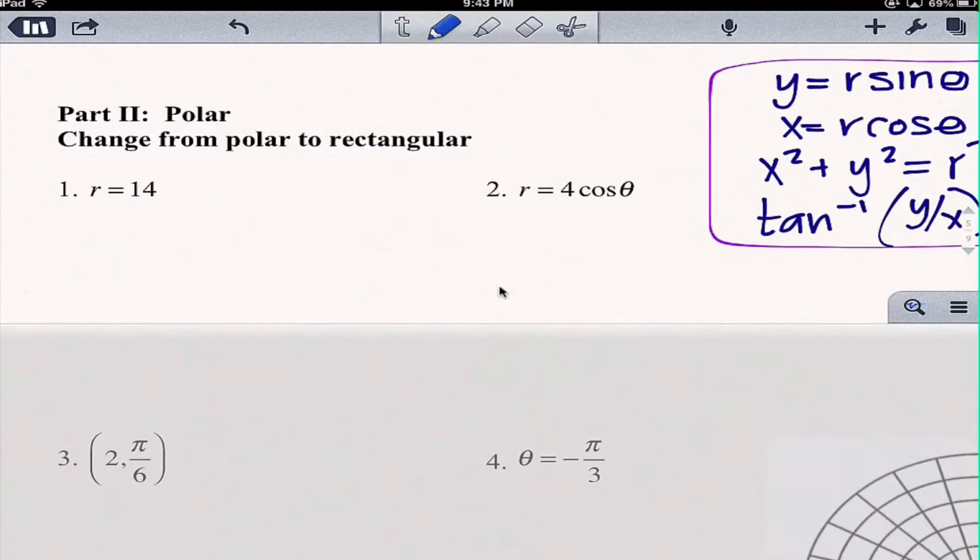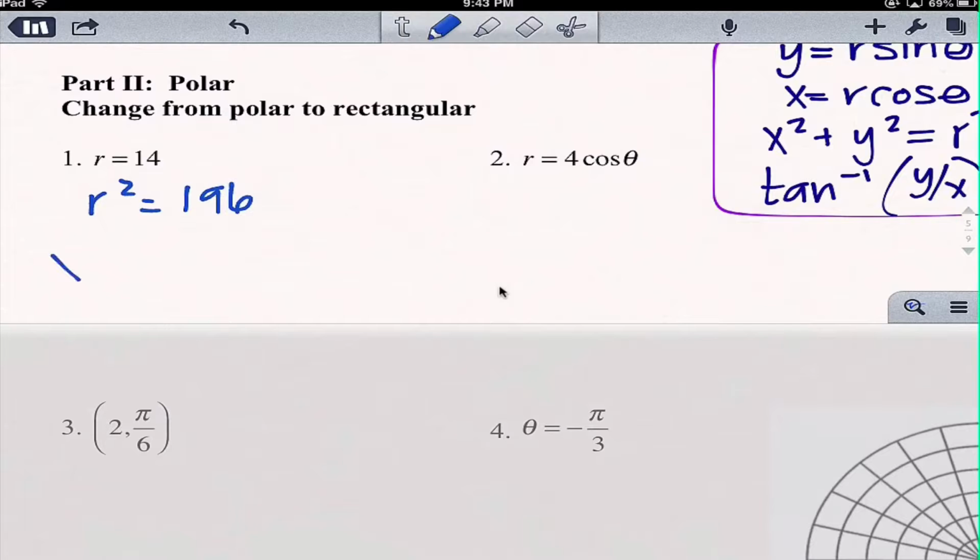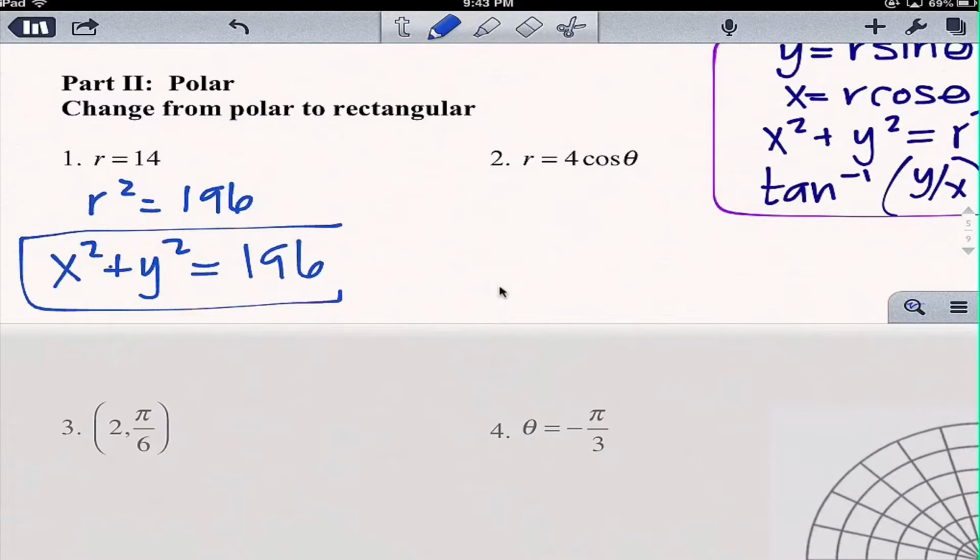I don't really have an equation that we can use that just says r, but I do have one that is r squared. So I'm going to go ahead and square both sides, and I get r squared equals 196. At that point, I know r squared is equal to x squared plus y squared, so I'm going to write x squared plus y squared equals 196.